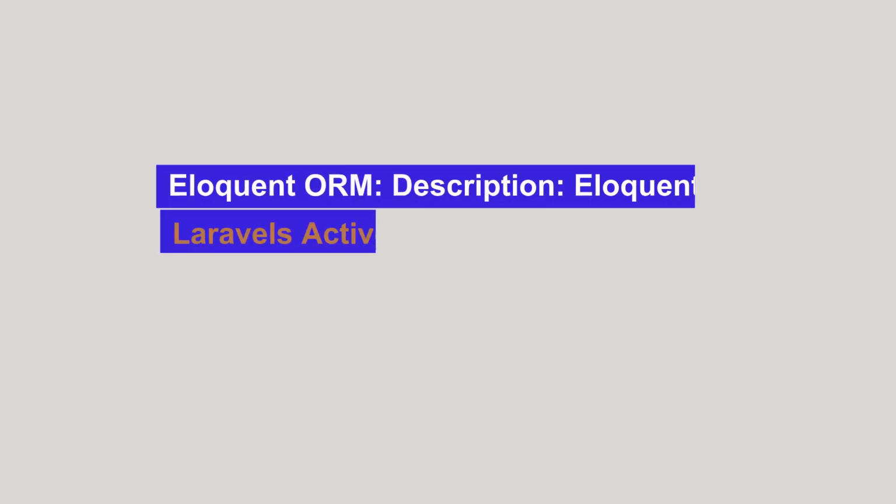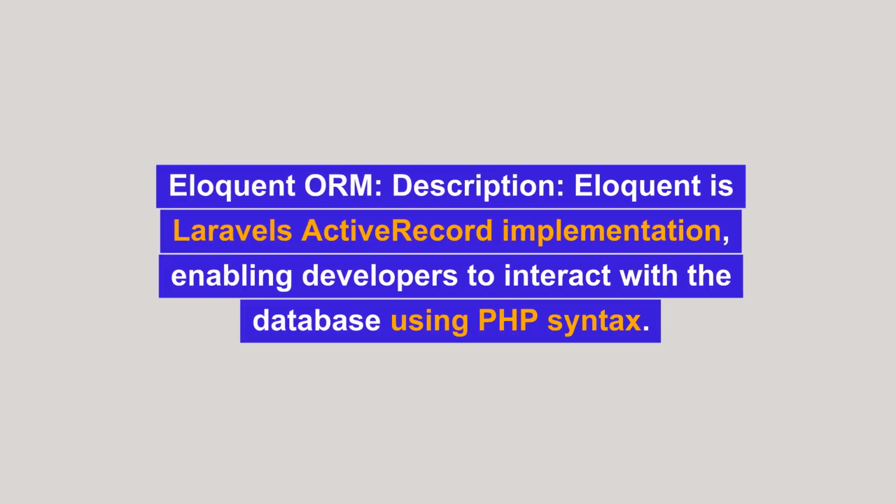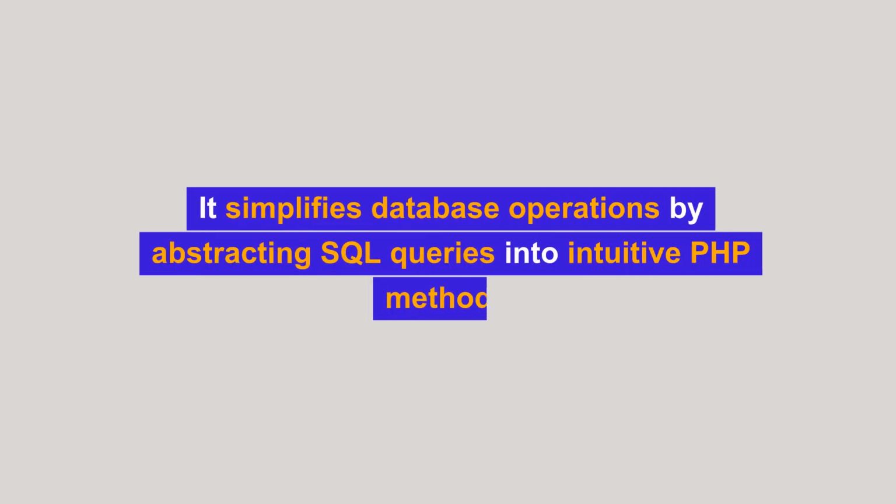Number 3. Eloquent ORM. Description: Eloquent is Laravel's active record implementation, enabling developers to interact with the database using PHP syntax. It simplifies database operations by abstracting SQL queries into intuitive PHP methods.